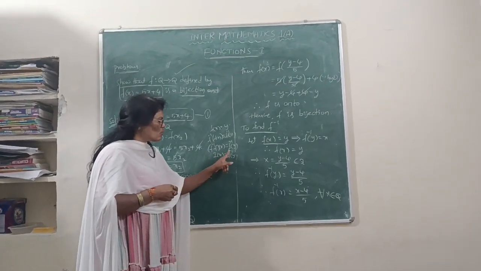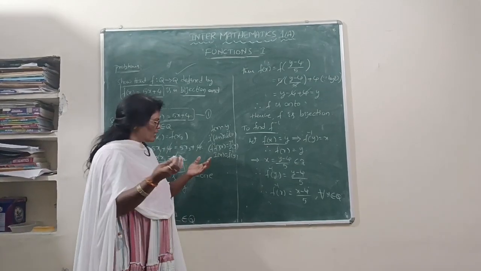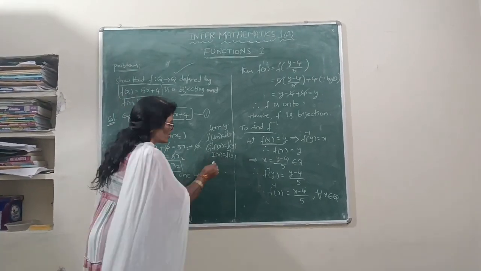Identity of x is equal to f inverse of y. By the definition of identity, we should get x only, whatever element is there comes back to us.